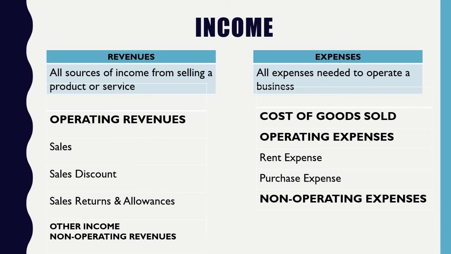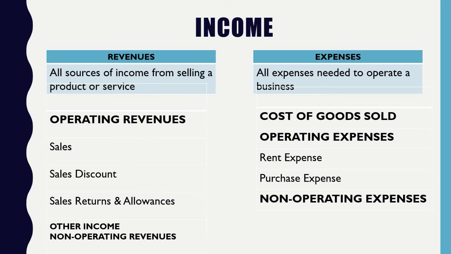So in this case, my primary focus on operating income is going to be my sales. And if we go into Coffee Cafe, it's going to be my sales of coffee. Okay?